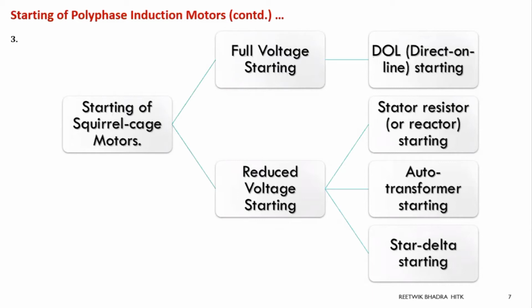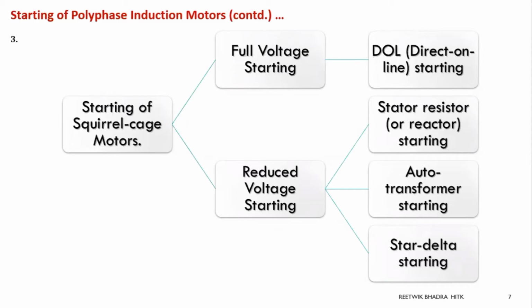In reduced voltage starting, we'll give some percentage of that 440 volt. Suppose we are giving some X percentage of 440 volt, maybe 400 volt, or maybe 330 volt, whatever we want we will give. We'll talk in detail about this in the later slides.